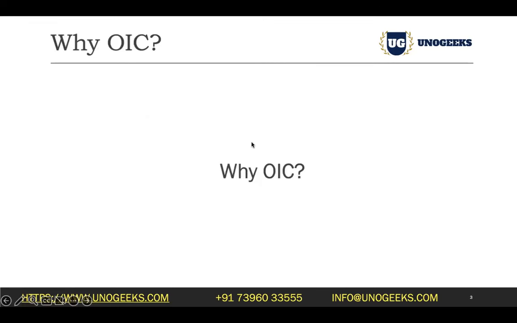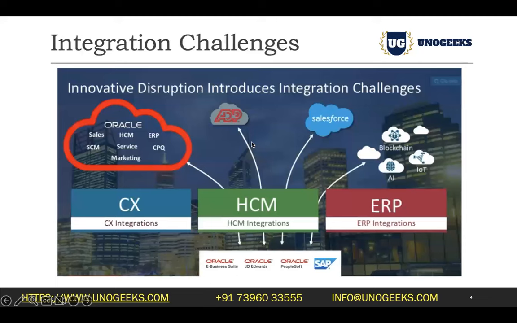Now, why do we need a product like OIC in the first place, guys? If you look at the IT landscape of companies 5 or 10 years back, it used to be all on-prem applications. For example, if I'm running a manufacturing business and I have to use the E-Business Suite application to manage my manufacturing process or ERP operations, what did I used to do as a client?